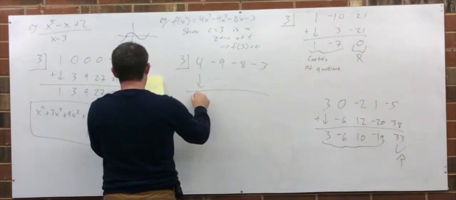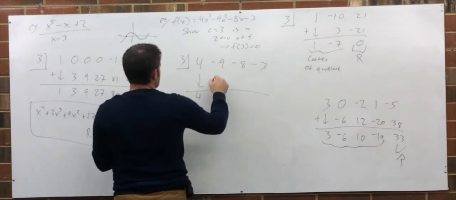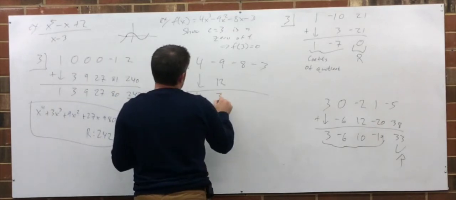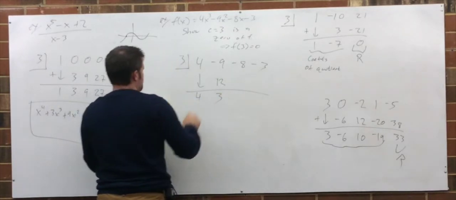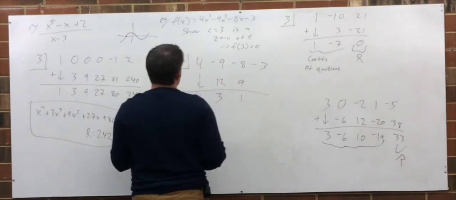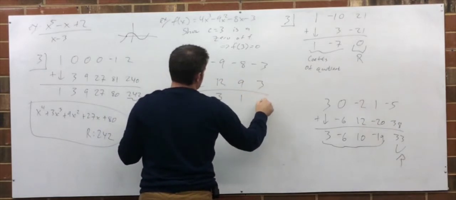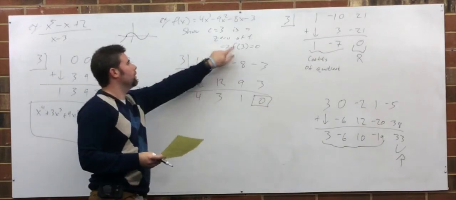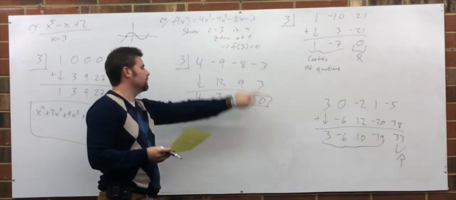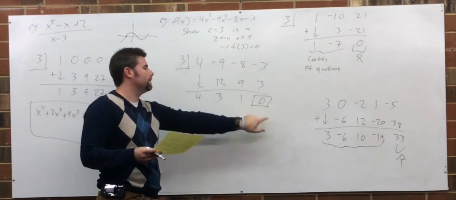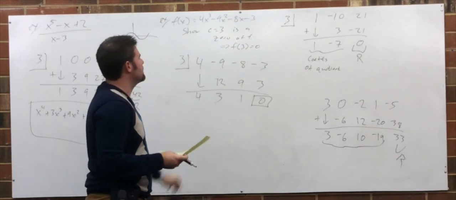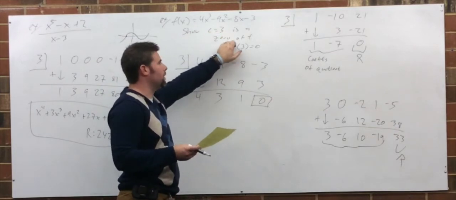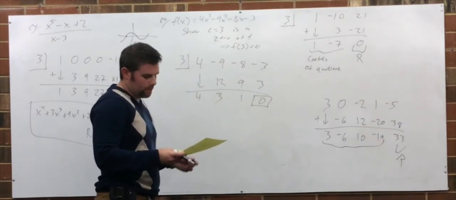Drop the 4 down. 3 times 4 is 12. Leaves a positive 3, a 9, a positive 1. If you get a remainder of 0, then we know that c equals 3 is a 0 of f. So that's another way we can use synthetic division, to show that a number is a 0 of a polynomial.